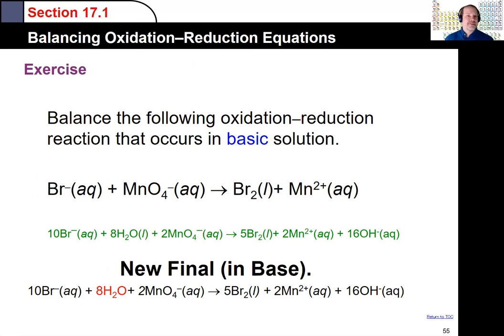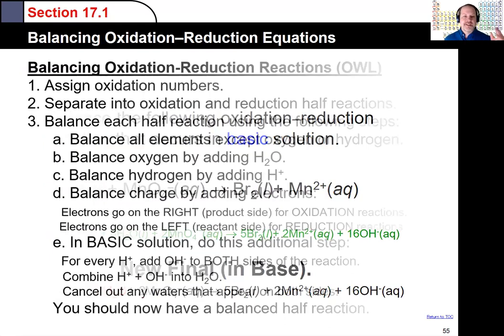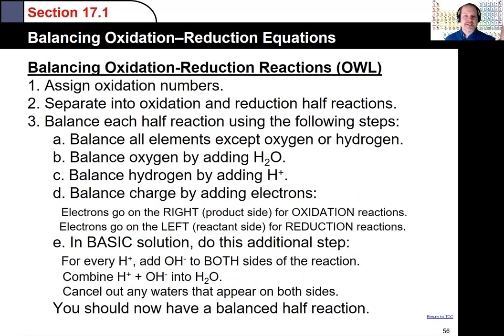Follow the steps. Don't skip the steps. Don't try to think through it and guess it. Just follow the steps. Here they are again. This is how OWL states it, and it's a good set of examples. Assign the oxidation numbers, separate into the steps, balance everything except the hydrogen and oxygen, then balance the oxygen using water, balance the hydrogen with hydrogen ions.